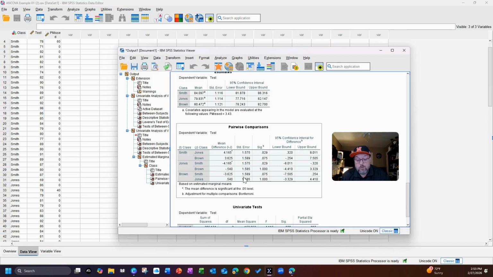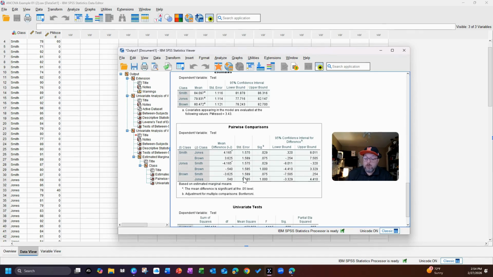After controlling for periods missed, there was a statistically significant effect of class on math test scores, F(2, 86) = 4.116, p = 0.020, with an eta squared of 0.087. The covariate periods missed was not significantly related to test scores, F(1, 86) = 0.00, p = 0.969.